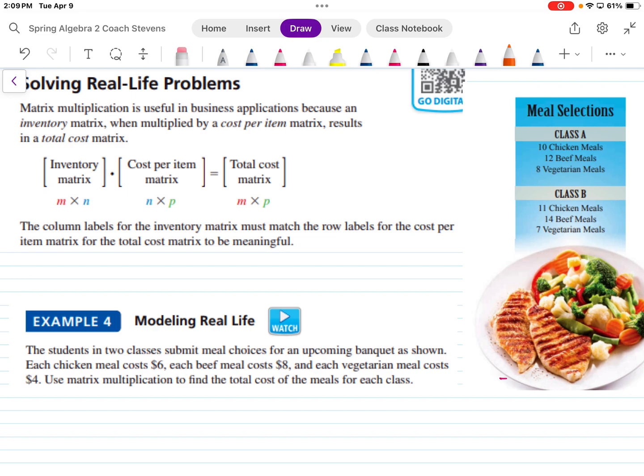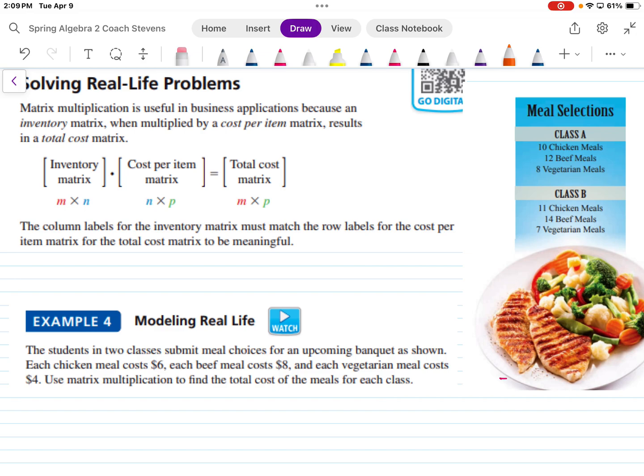I want to show you how we can take a word problem and put it into matrix format, and then we can find the answer for what we're looking for. That leads us into tomorrow's topic, where in a way we're solving systems of equations today.